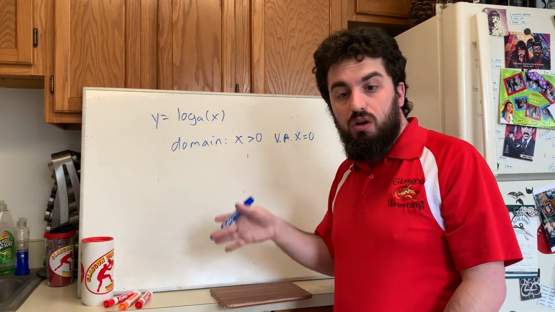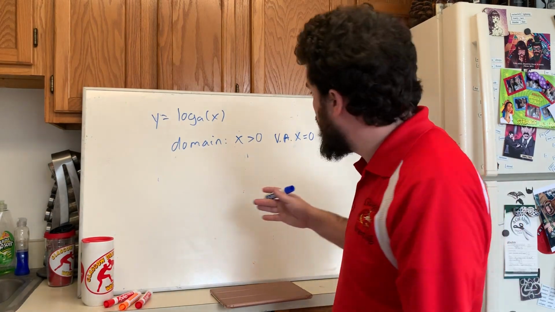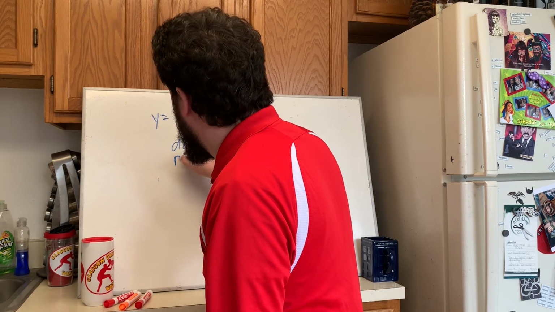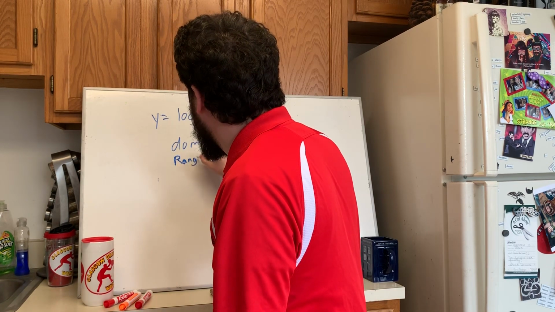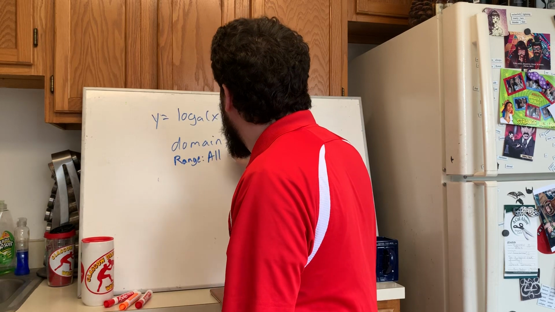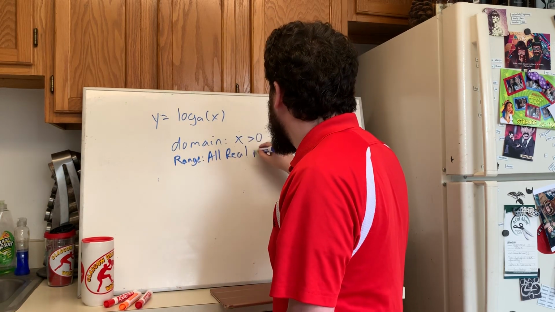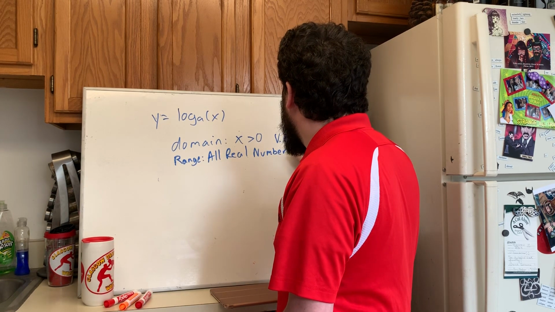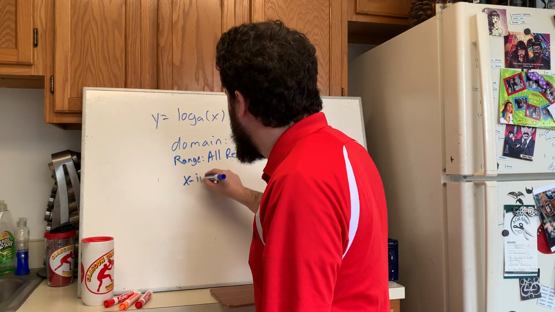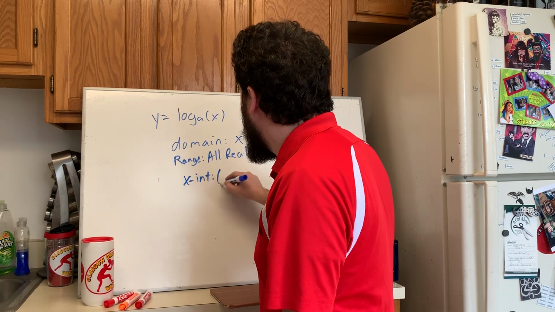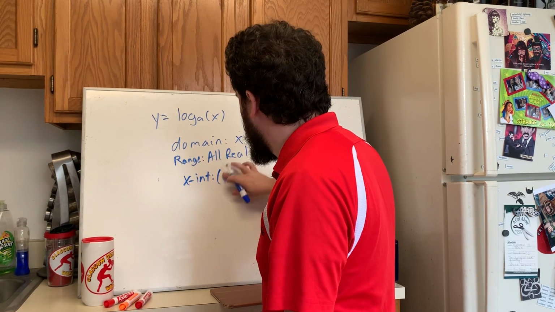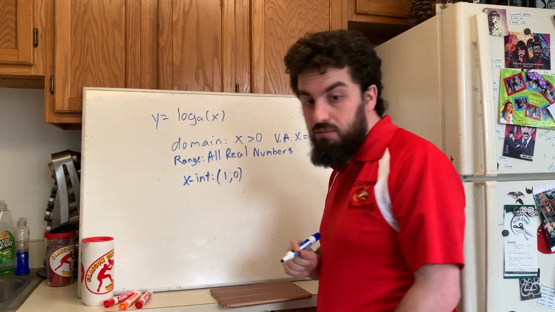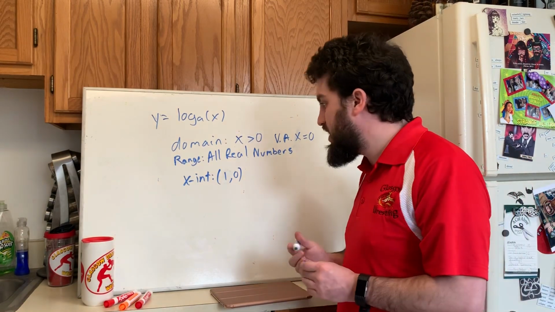So x equals 0 is our vertical asymptote. Range is all real numbers, and now I do have an x-intercept, sorry, that would be a y-intercept. (1, 0) is my x-intercept.